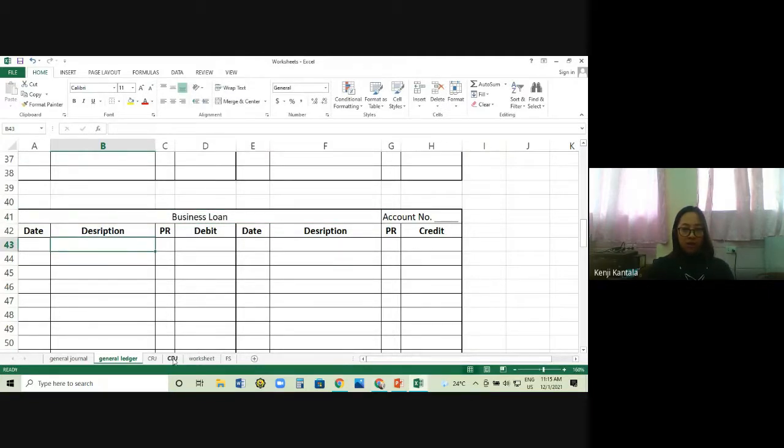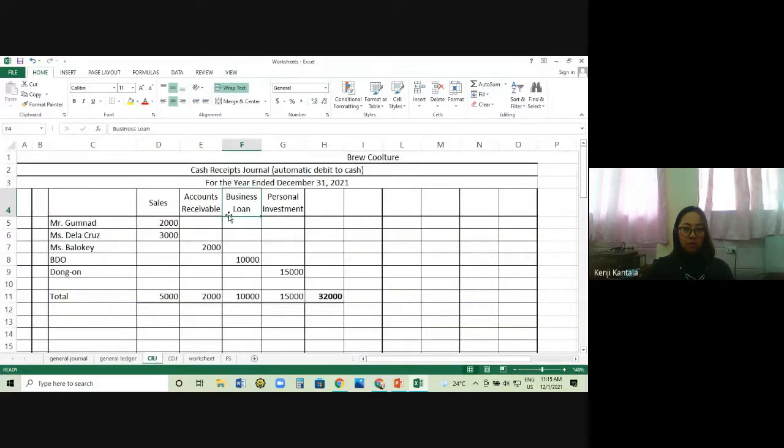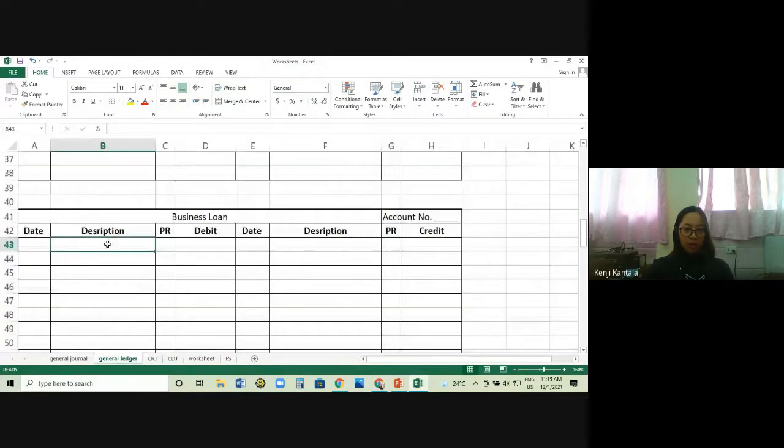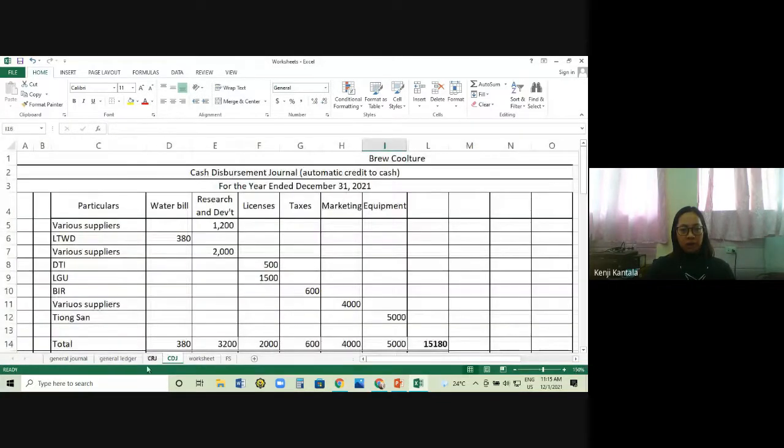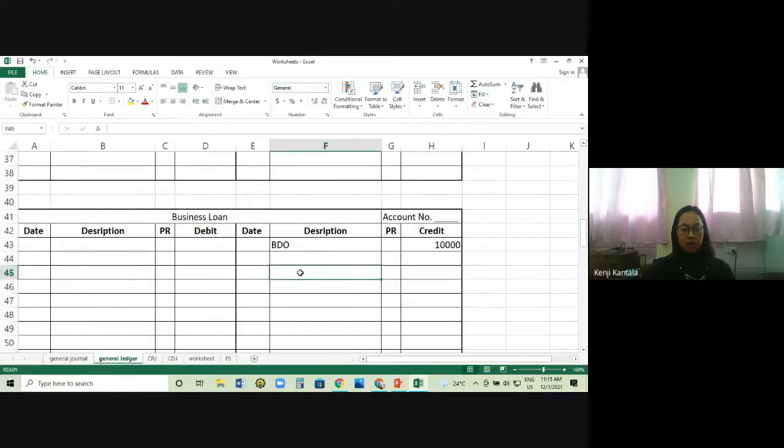So, ang business loan natin, we have here 10,000 from BPO. May kasama pa ba yung business loan natin? Wala na. So, yan lang. So, we have here balance at 10,000.